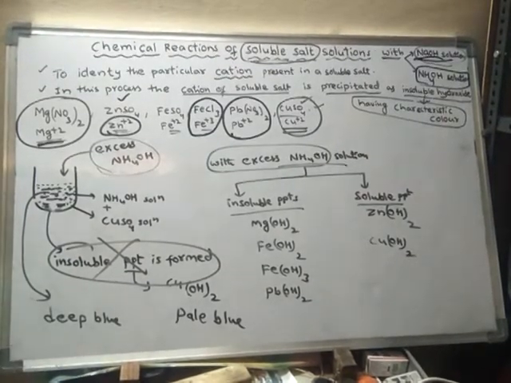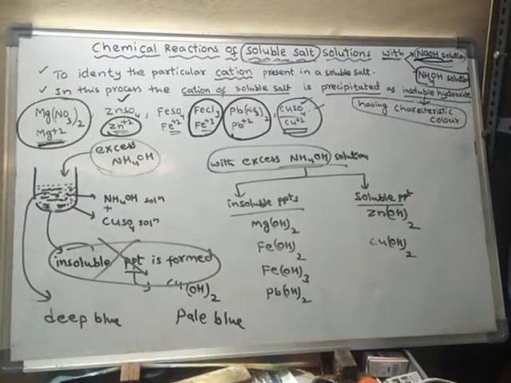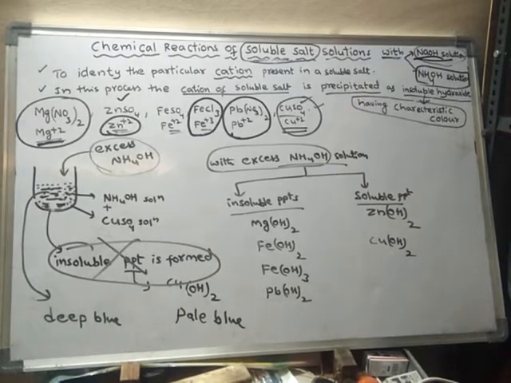So like this, we have learnt the reactions, the identification of ions, and the formation of different colored hydroxides. This is all about the chemical reactions of soluble salt solutions with sodium hydroxide solution and ammonium hydroxide solution.